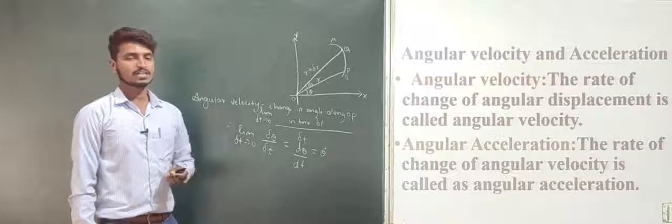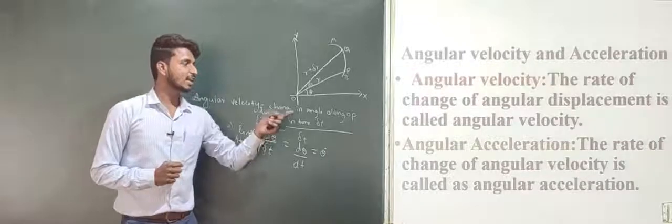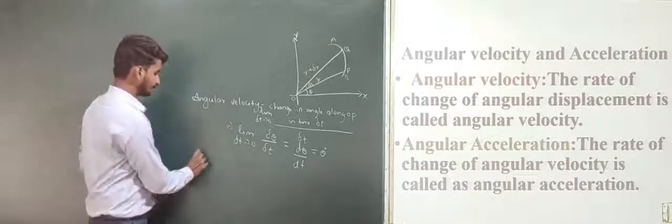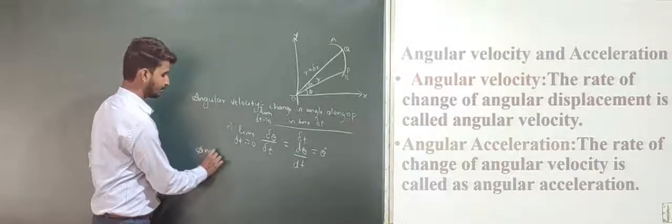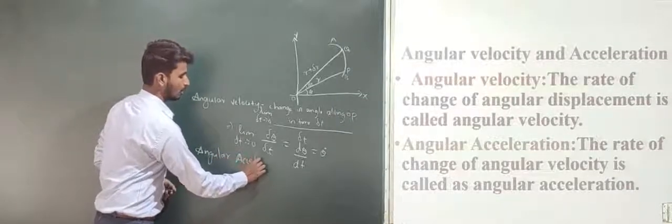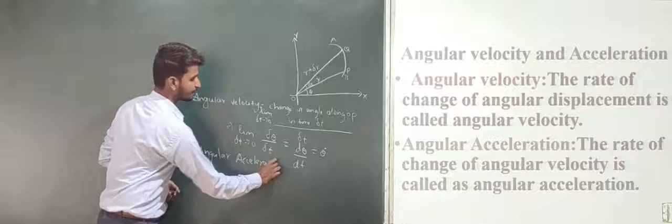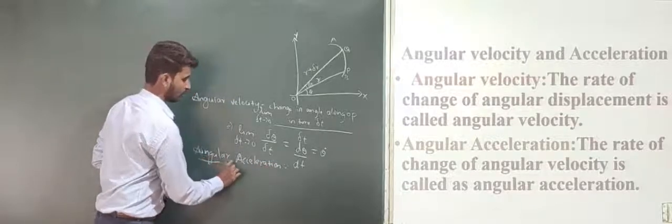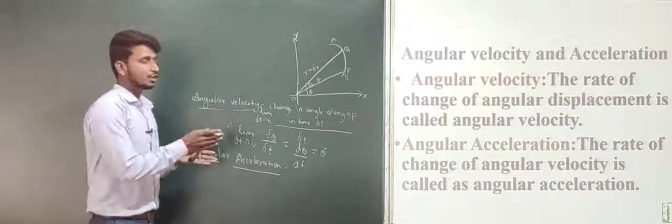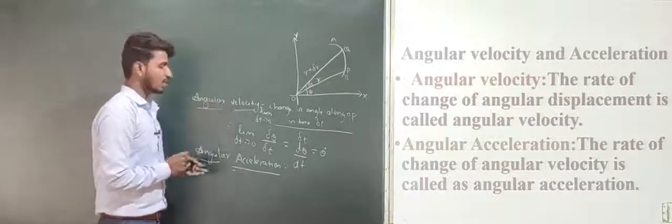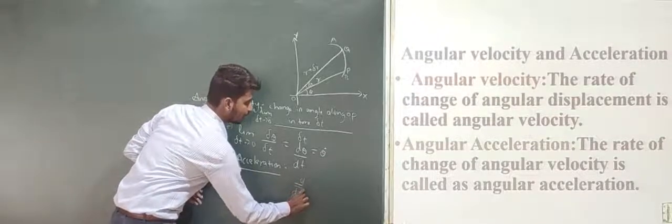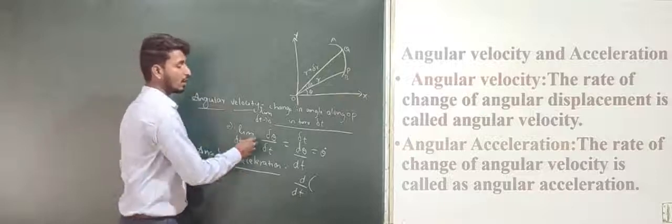Next, angular acceleration. What do you mean by angular acceleration? It is the rate of change of angular velocity. The rate means it is d by dt, the rate of change of angular velocity.